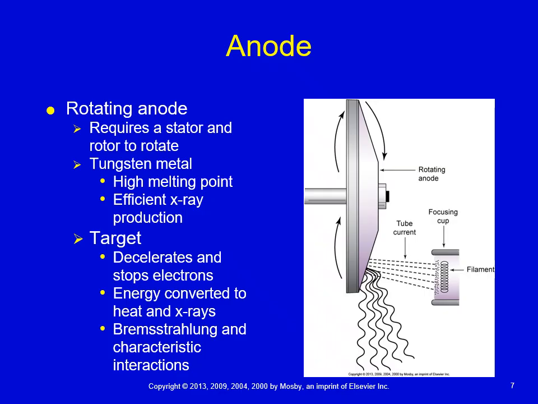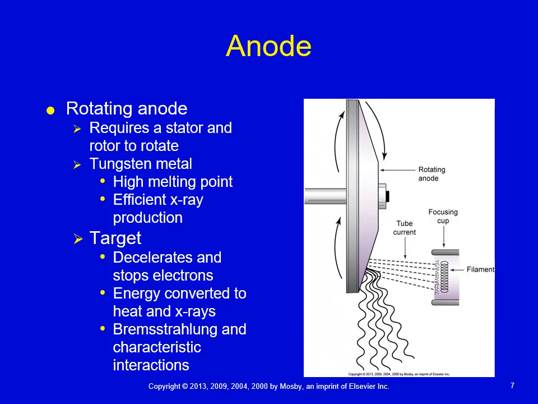Now, the rotating anode, which you do see right here, spins and it allows those electrons, they may be bombarding the same spot, but since we're spinning the spot, it does allow the heat to spread out all around the target disk.